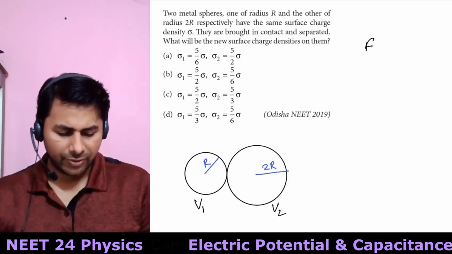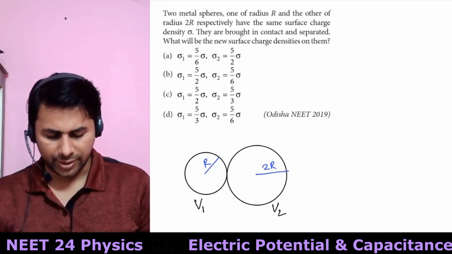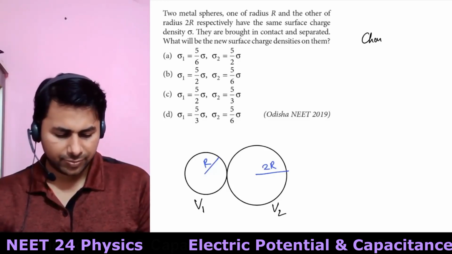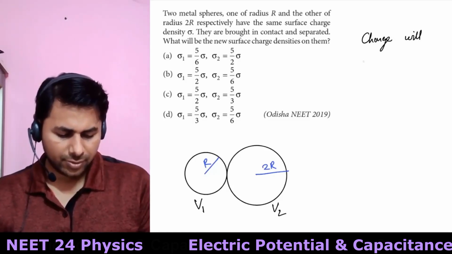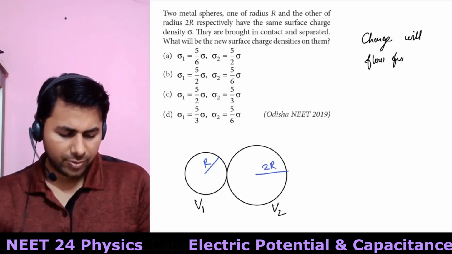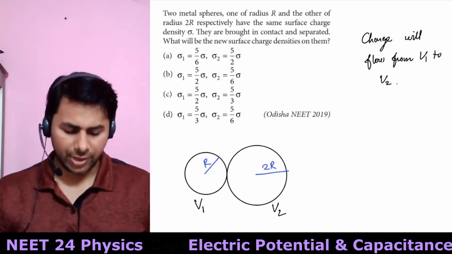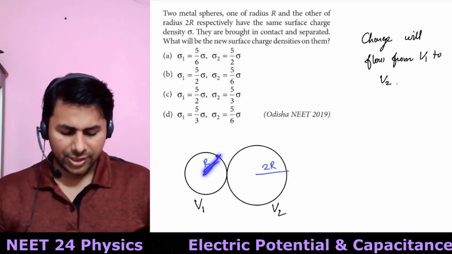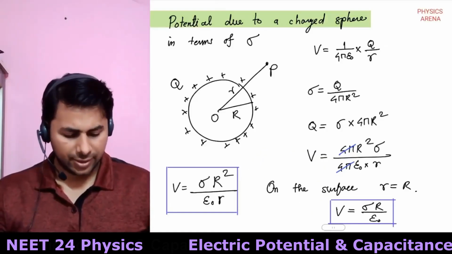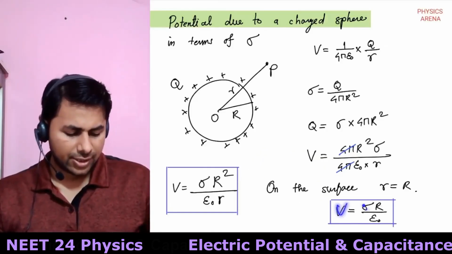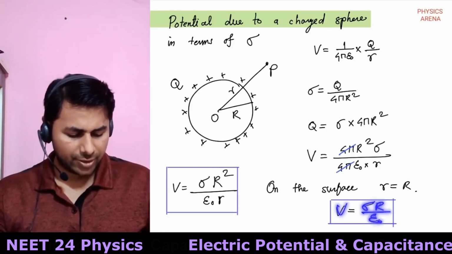So finally, what will happen? Charges will flow from V1 to V2, because if surface charge density is equal, then potential is sigma times R upon epsilon naught.